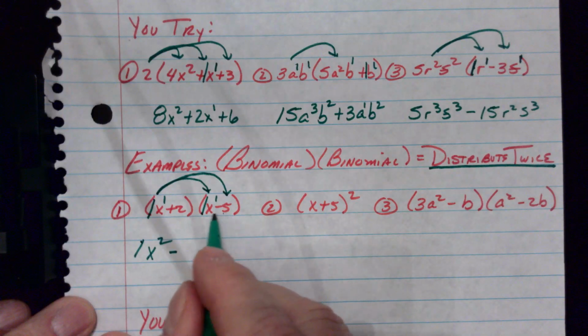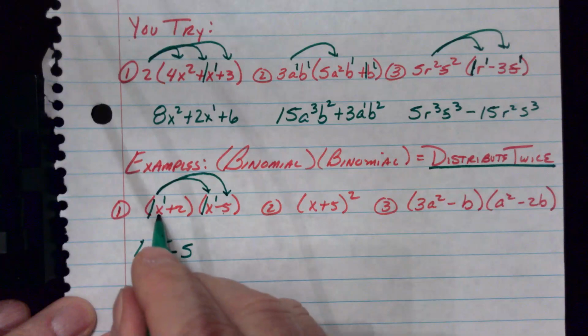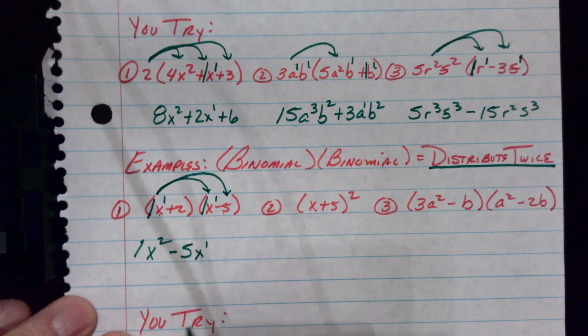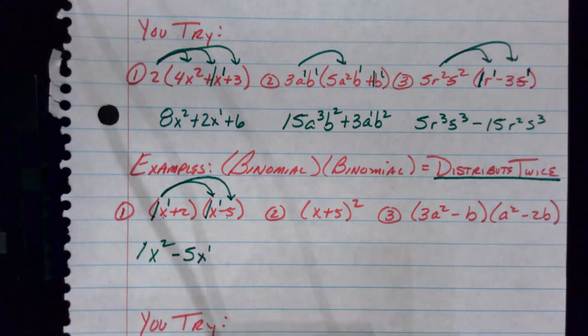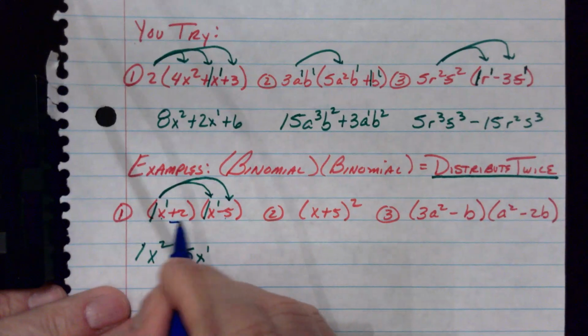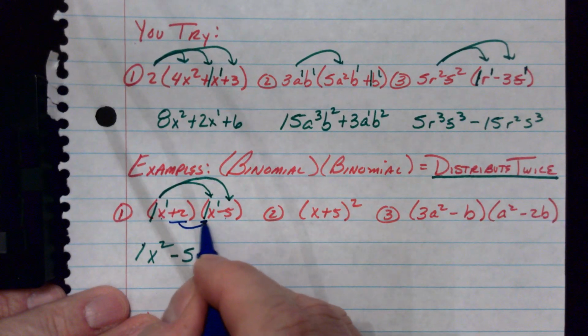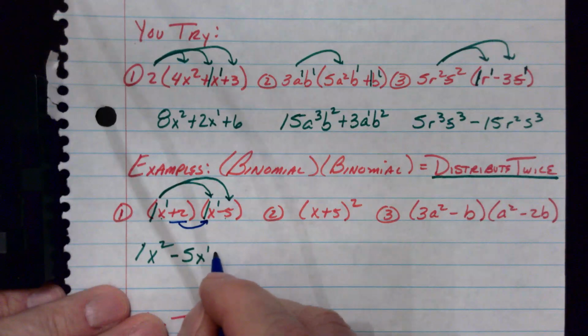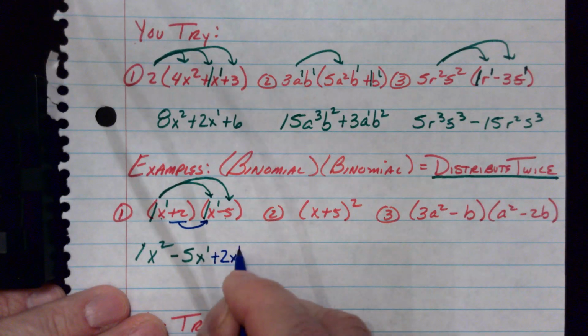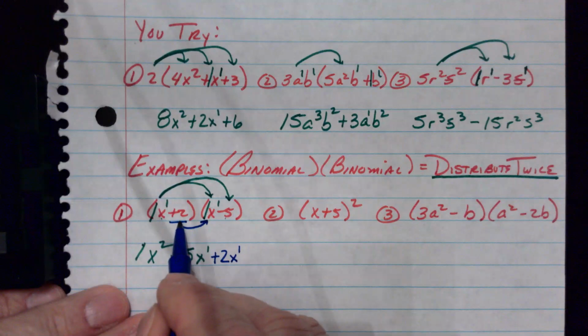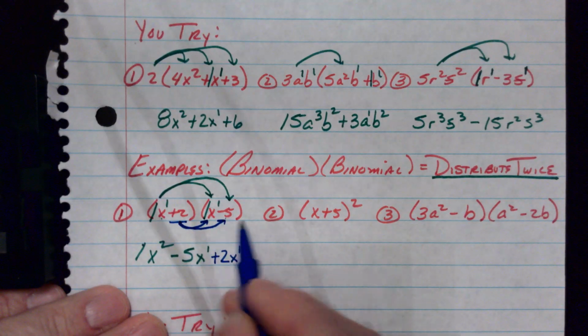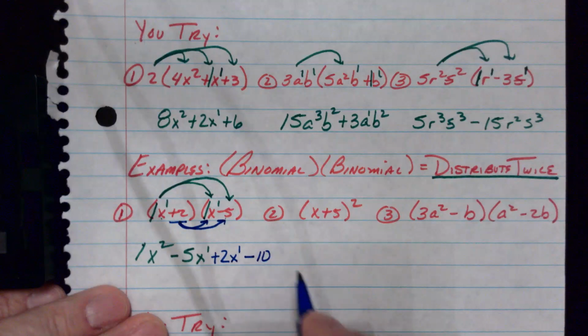And negative 5 times 1 gives me negative 5 times the x. I then am going to distribute under. I'm going to take this positive 2 and I'm going to multiply it times this large 1 times the x to the first. And this 2, a big number, times a negative 5 and get negative 10.